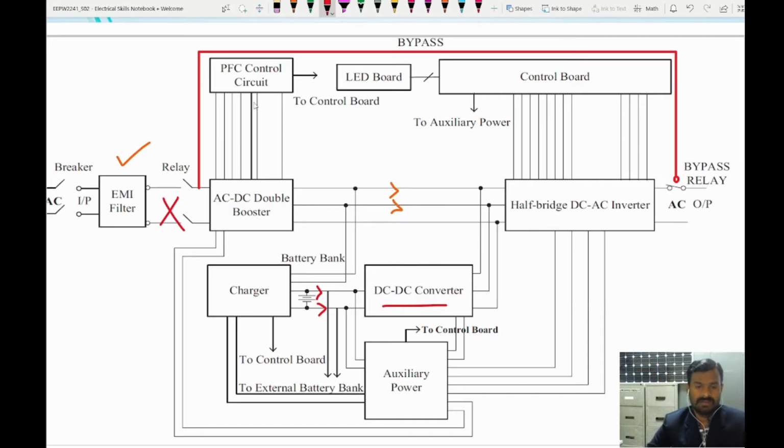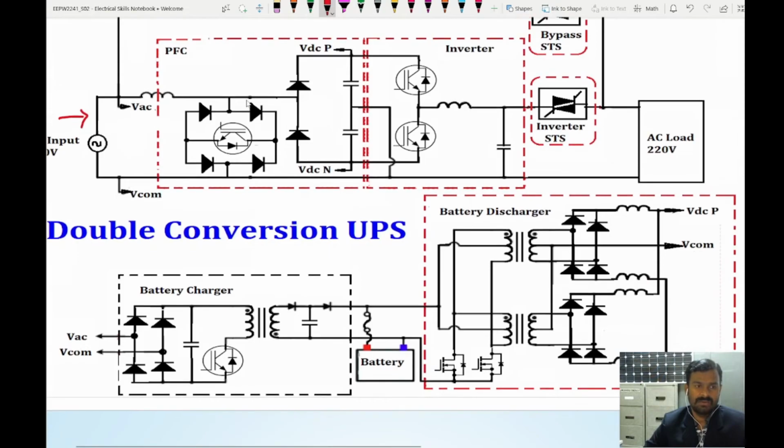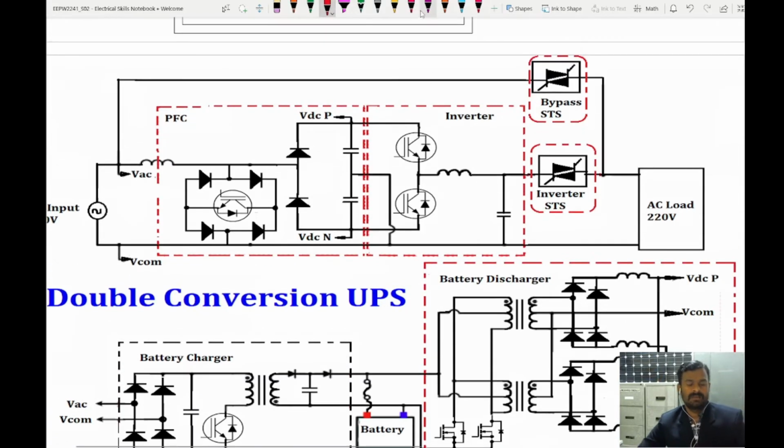So this is the block diagram representation of the double conversion unit. Now let us see as a circuit how it functions. This is a circuit diagram of a double conversion unit. First we will see how things happen in a normal mode of operation.